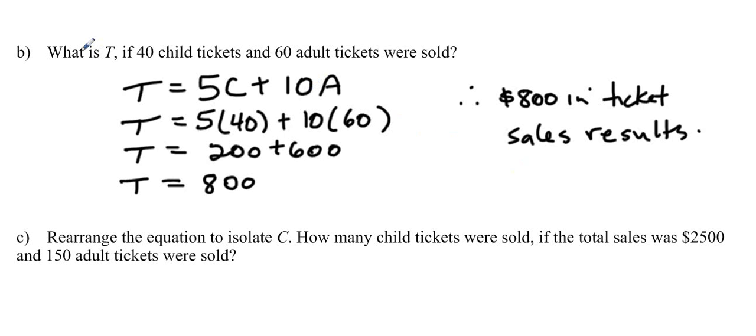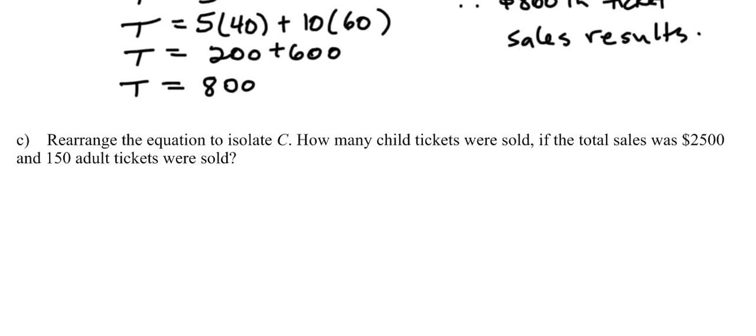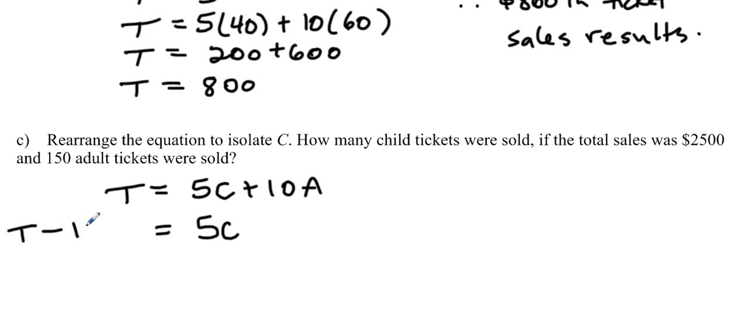All right, next one, it says rearrange the equation to isolate C. How many child tickets were sold if the total sales was 2,500 and 150 adult tickets were sold? So let's just start with our equation again. We had T equals 5C plus 10A, and we need to isolate for C. So I'll leave the C on this side, and I'm going to bring the 10A to the other side, which means it's going to become minus 10A.